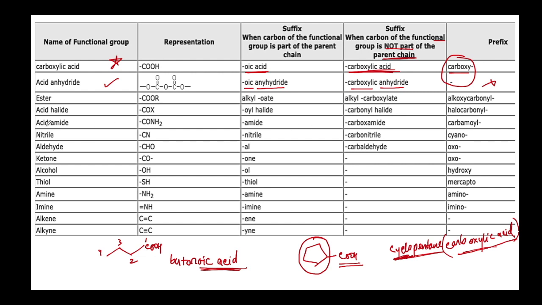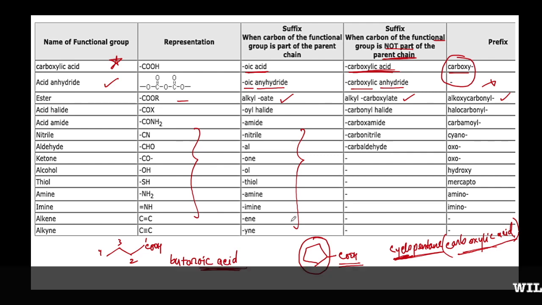Okay, this is also important. Then you have ester, you call it alkyl oate, alkyl carboxylate, alkoxycarbonyl. Okay, so all of these, guys, just go through the table. We are going to do the examples in the next upcoming video. All right, that is how we can use all of them in the nomenclature.